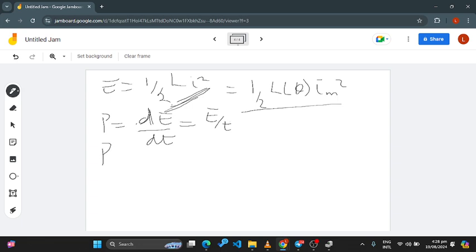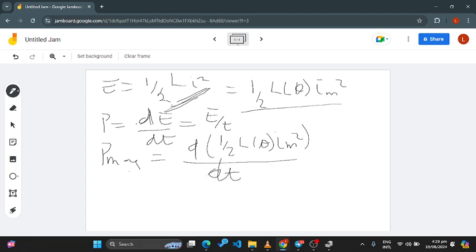So then that power, we call it the magnetizing power, or the power in the magnetic circuit, should be equal to d/dt of half L of θ Im squared. Okay, I hope this makes sense.